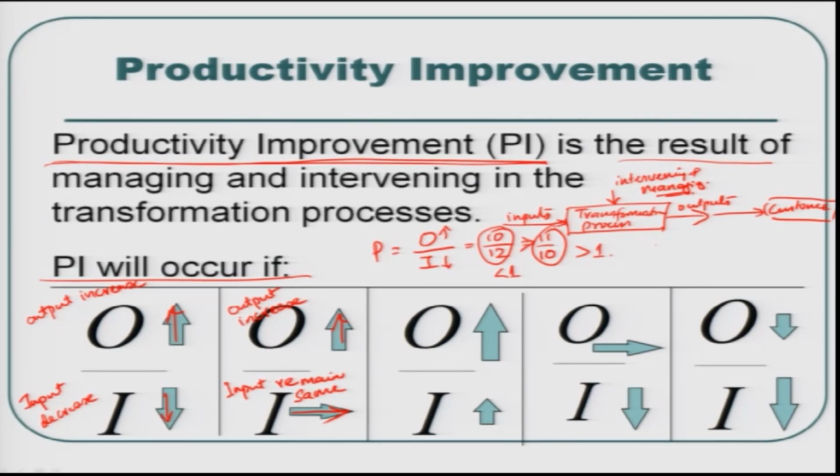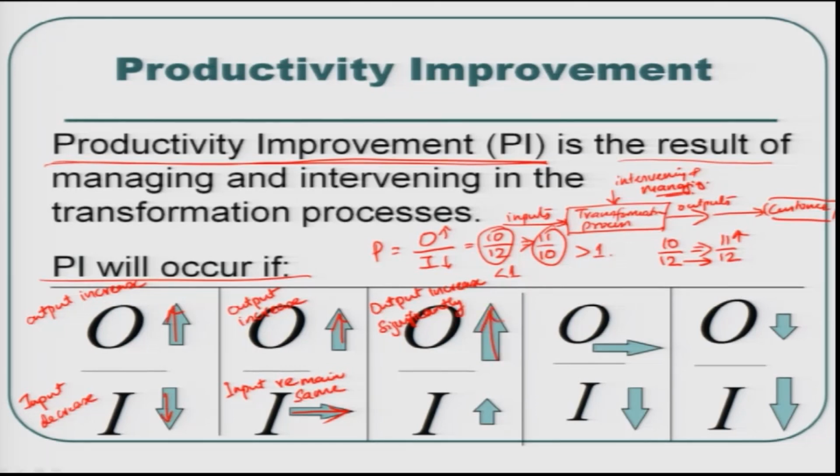Another example: your initial was 10 over 12, and you can translate that to 11 over 12. You can see the input remained the same, whereas the output has increased. So then also the productivity will improve. The other option is the output increases significantly.